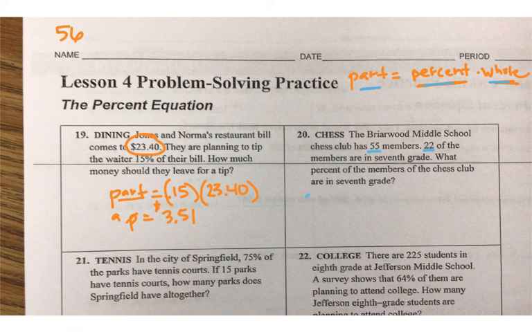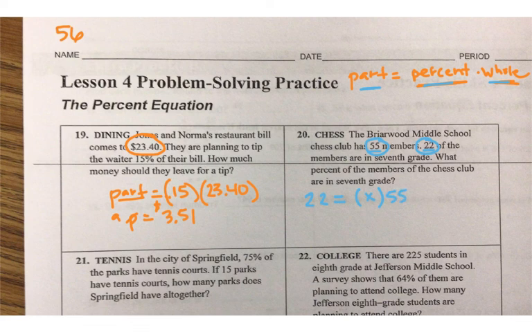Looks like 55 is our total, or our whole. 22 is our part, and we're missing the percent. So we're going to write this out: 22 is our part, is equal to, we don't know what percent of our whole, which is 55.